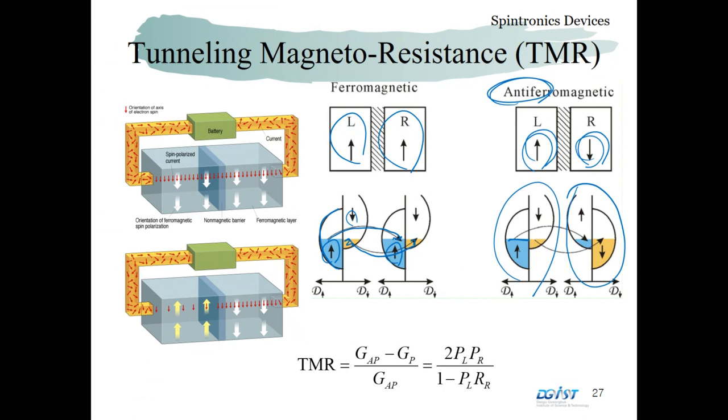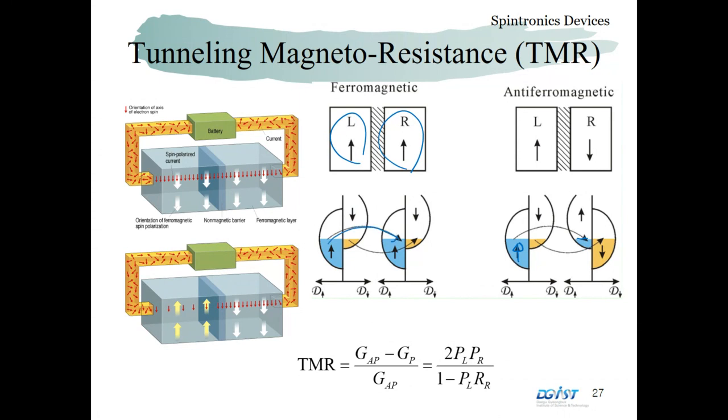So when we have tunneling in the antiferromagnetic case, the spin up band tunnels to the spin up band on the right-hand side, but in this case this spin up is the minority spin, while this spin down is a minority on the left-hand side, and when they tunnel to the right-hand side, they go to the majority band. The important thing here is that this tunneling depends on the density of states of each electrode.